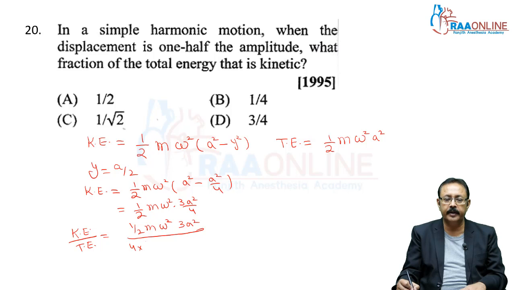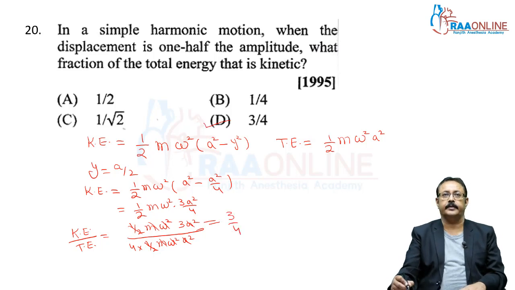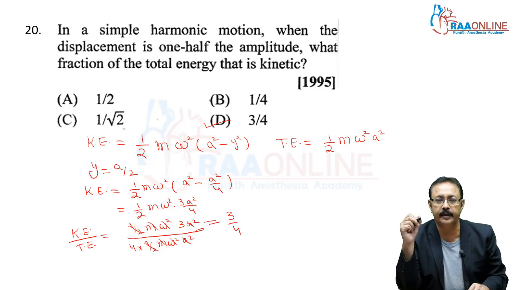What is in denominator? Half m omega square a square. Cancel half with half, m omega square with m omega square, a square with a square. So, what we are getting? We are getting 3 by 4. So, we are going with option D.